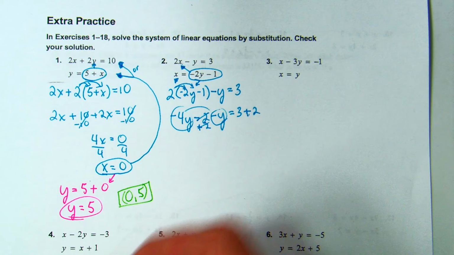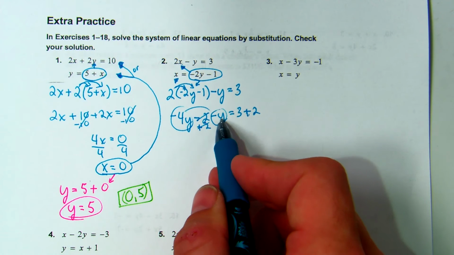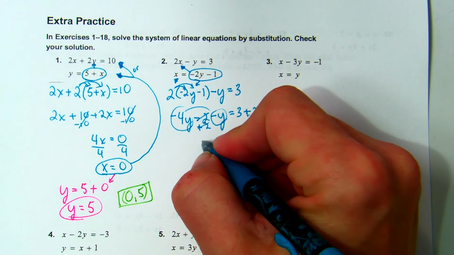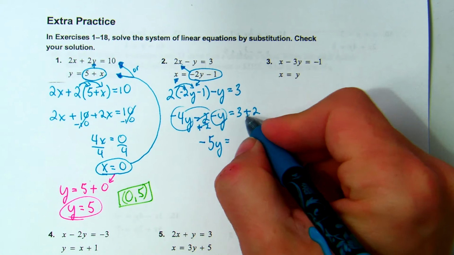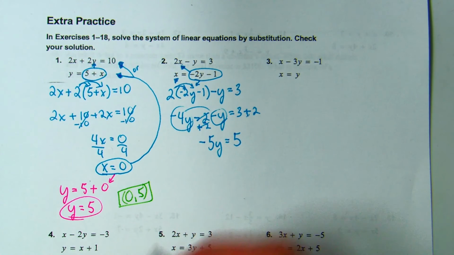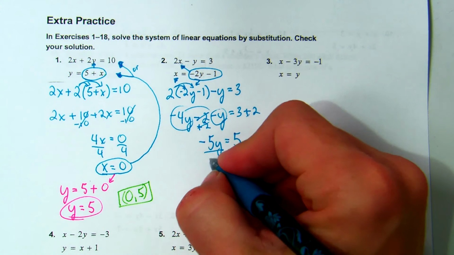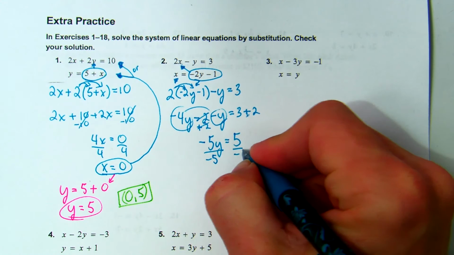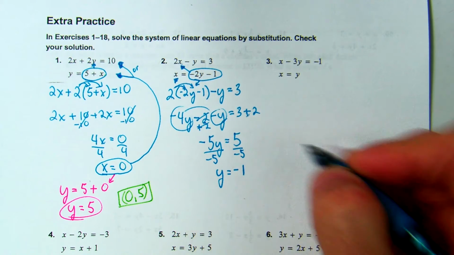So this goes away. Negative 4y and a negative y are going to combine to equal a negative 5y. 3 plus 2 is going to combine to equal a positive 5. And so when I isolate the y variable by dividing by negative 5, then y is going to equal a negative 1.